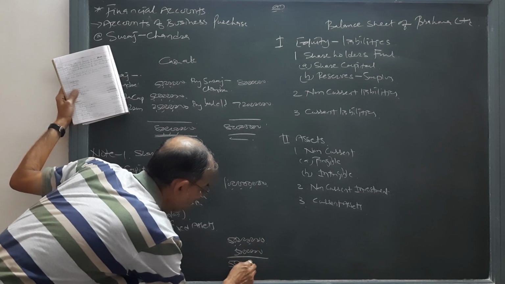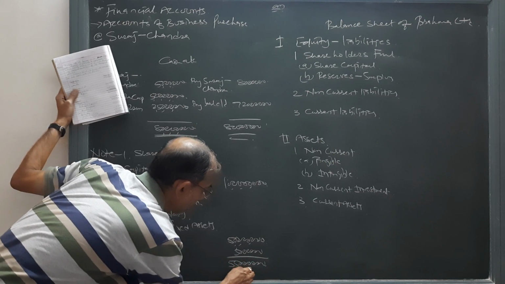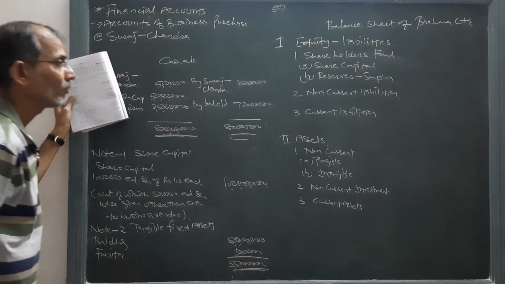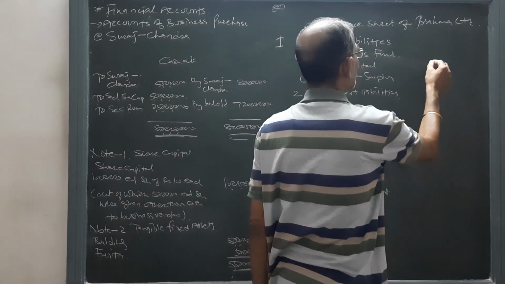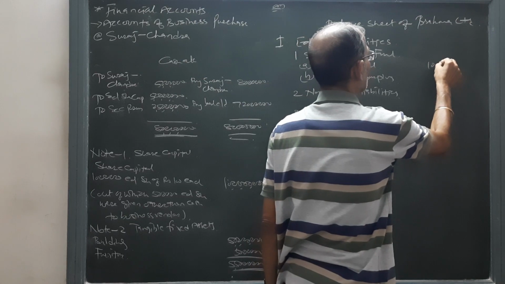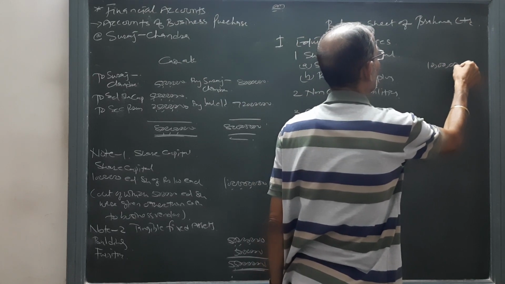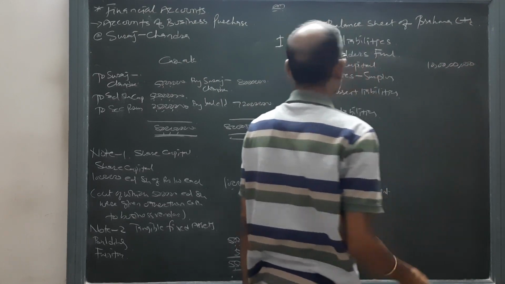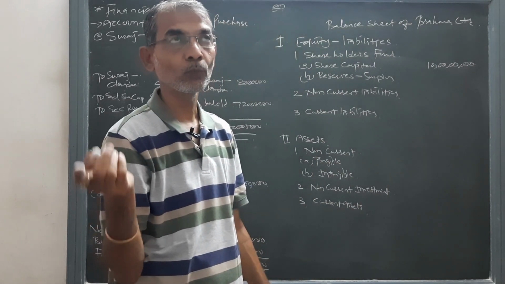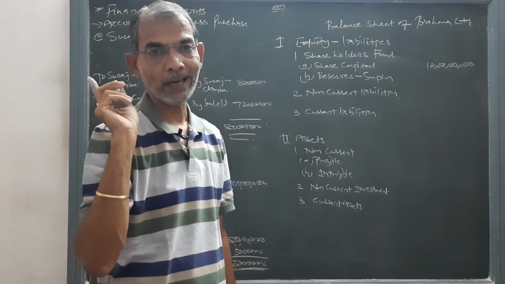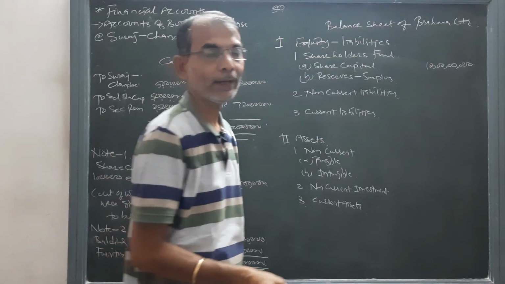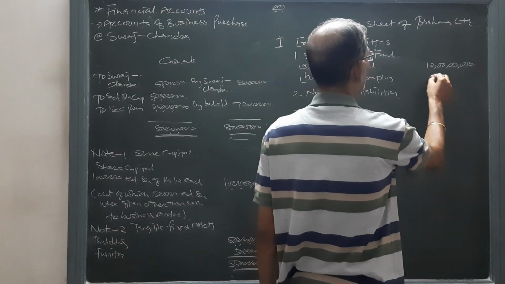So 5 crore 50 lakh. Now if I come, share capital is 10 crore, security premium, that was 1 crore to Suraj and Chandra and 2 crore 50 lakh to public, so 3 crore 50 lakh.